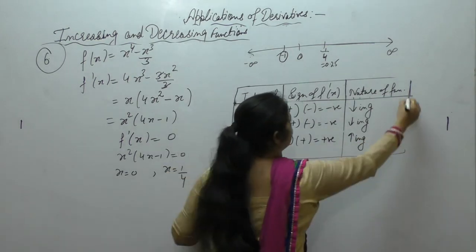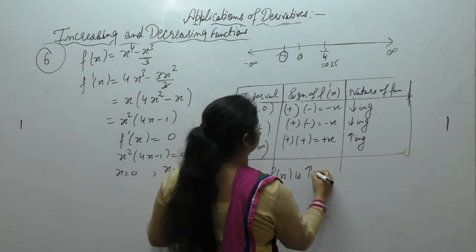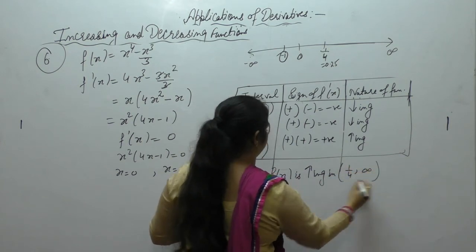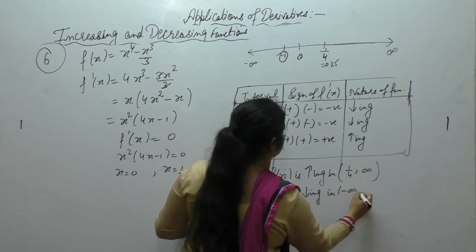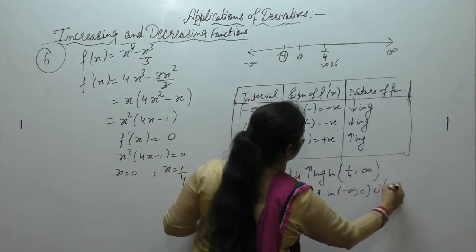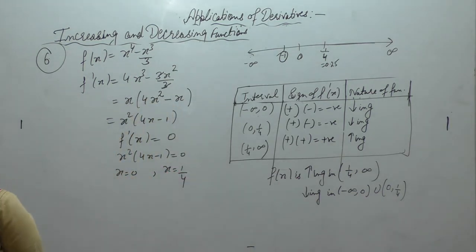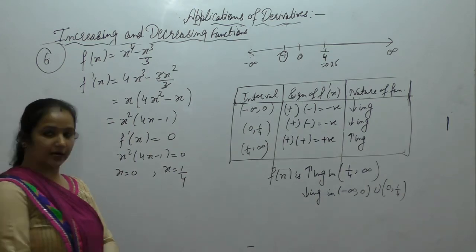So what we get? f of x is increasing in 1 by 4 to infinity and decreasing in minus infinity to 0 union 0 to 1 by 4. Note it down.